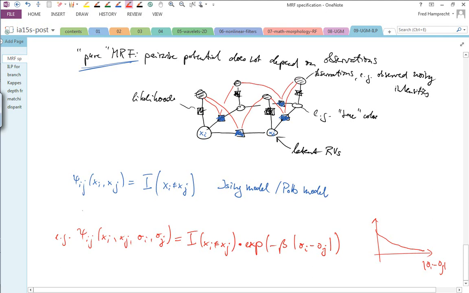And this is called a conditional random field, in which the pairwise and the higher order potentials can depend on the observations.